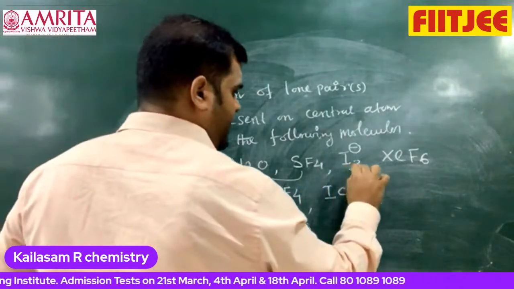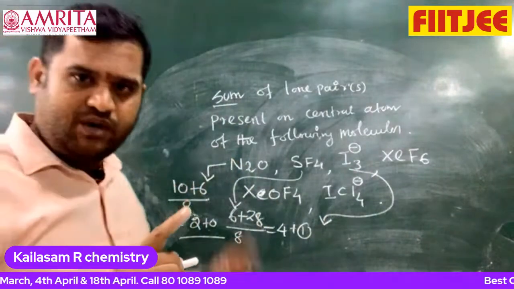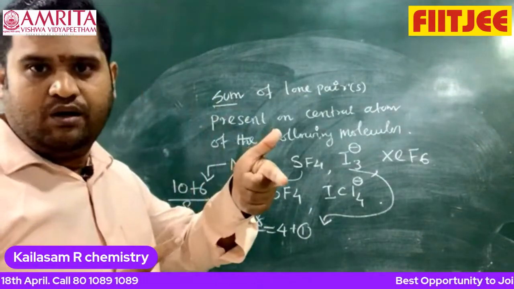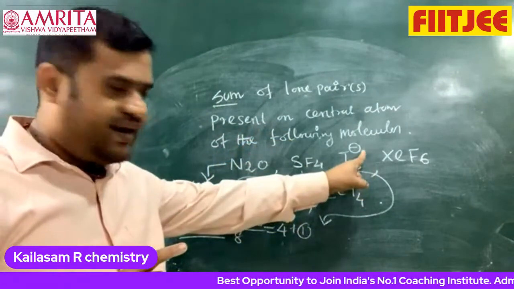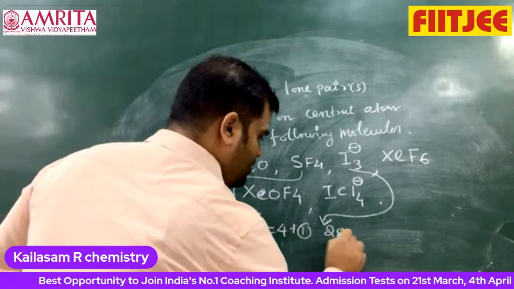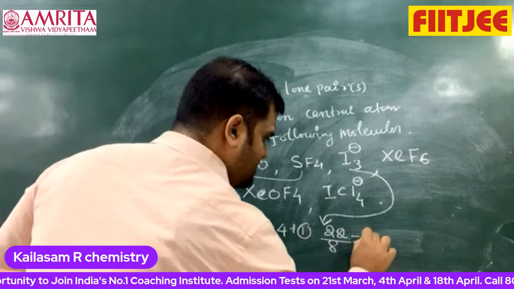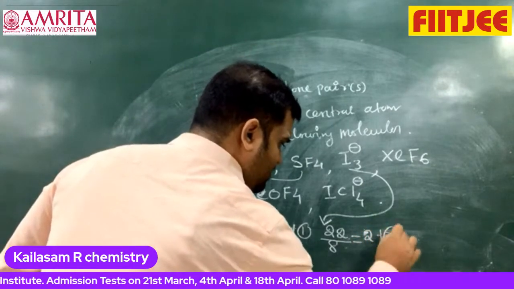Now come to I3 minus. Whenever minus is there, you should add one electron. Three iodines: 3 into 7 is 21, minus is there so add one electron, 22. 22 by 8 gives 2 plus 3, so you have 3 lone pairs.